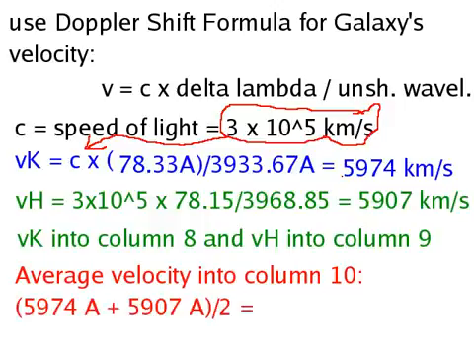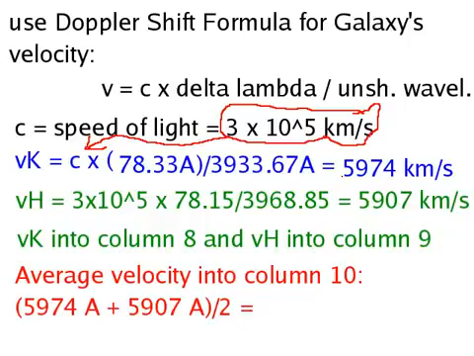Okay, and now I'm going to use my little calculator here. 5,974 plus 5,907 and divide the sum by 2. 5,940.5.